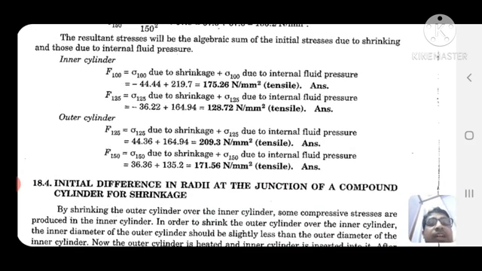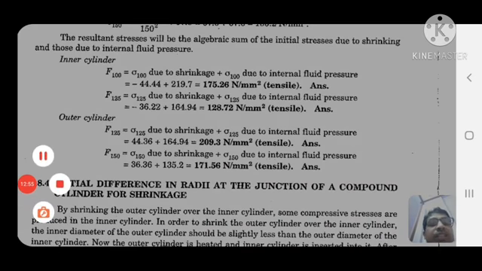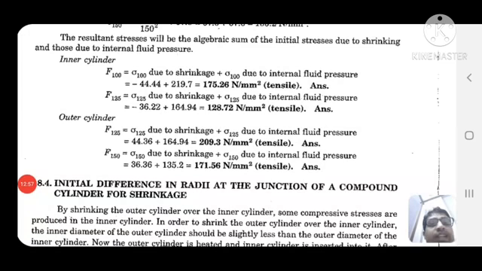Inner cylinder: F100 is equal to sigma 100 due to shrinkage plus sigma 100 due to internal fluid pressure. So minus 44.44 plus 219.7.